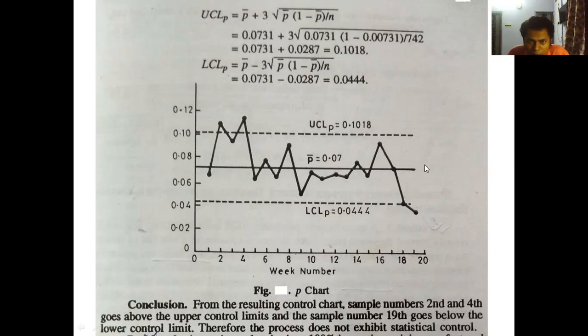So this is your average, this is your upper control limit, this is your lower control limit, and you are plotting your fraction defectives.